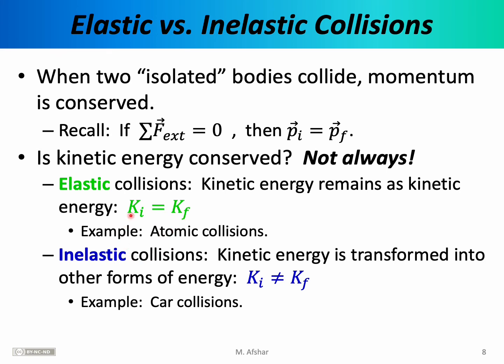So if you're told a collision is elastic, then you know kinetic energy is conserved. On the other hand, if kinetic energy is not conserved, so if K final is not equal to K initial, then we have an inelastic collision. In elastic collisions, the kinetic energy remains as kinetic energy, but in inelastic collisions, the kinetic energy is transformed to other forms of energy.